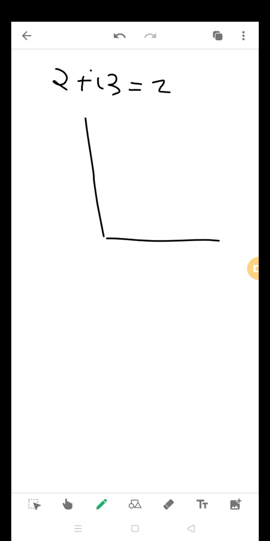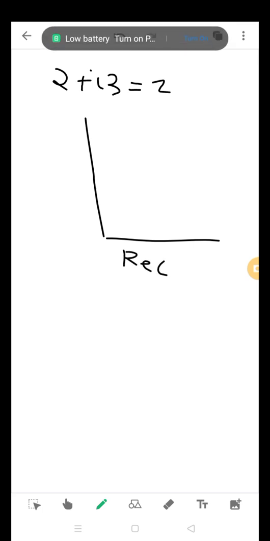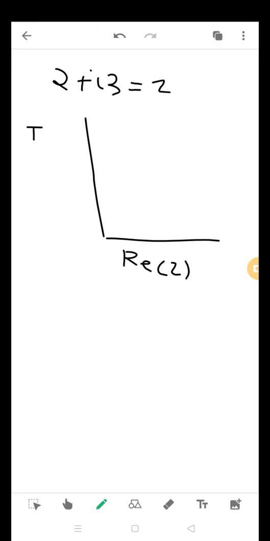So this y-axis, this x-axis represents the real part of z, and this other axis represents the imaginary part of z. So the real part means 2, and the imaginary part means 1, 2 and 3. So the point lies somewhere here. So this is basically 2 plus 3i.